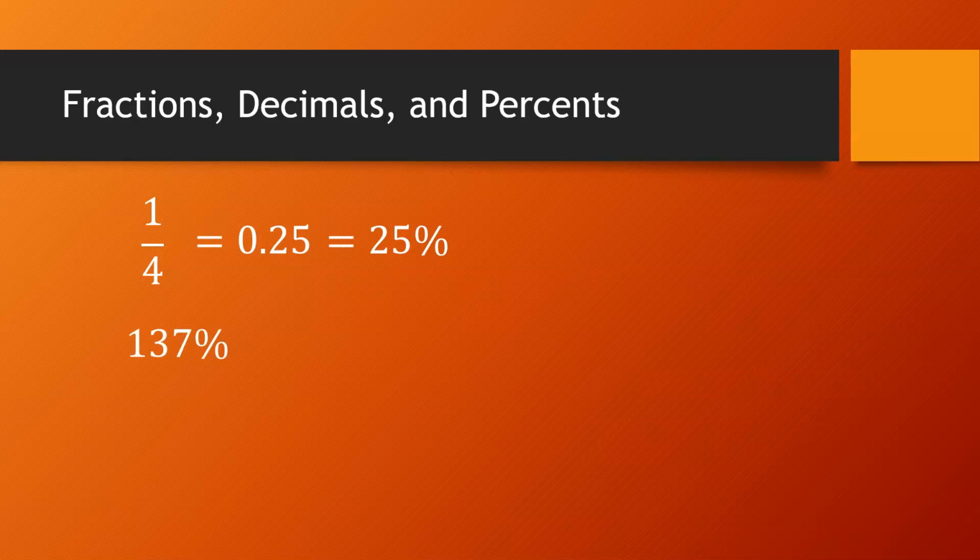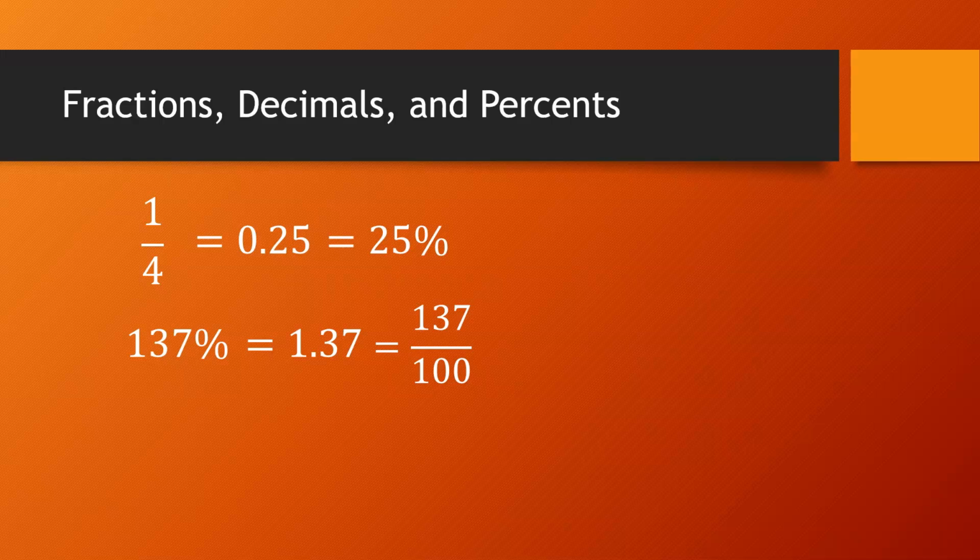If we start with a percent, like 137%, we can easily write that as an equivalent decimal by moving the decimal point 2 places to the left. And 1.37 is equivalent to 137 over 100.